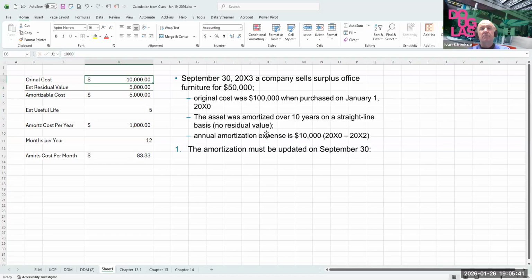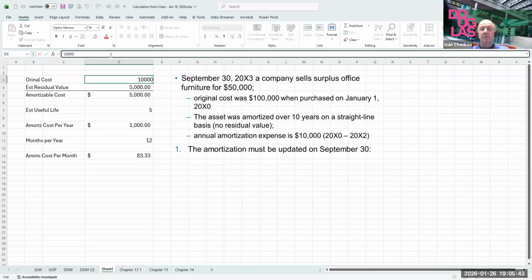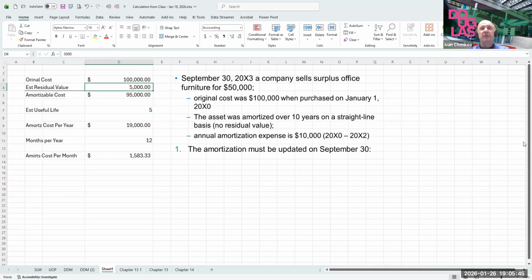Residual value: they're saying no residual value, so it is zero. So the amortizable cost is 100,000, amortized over 10 years on the straight line method. That gives us 10,000 per year, and per month, dividing by 12, 833.33. Annual amortization expense is 10,000.